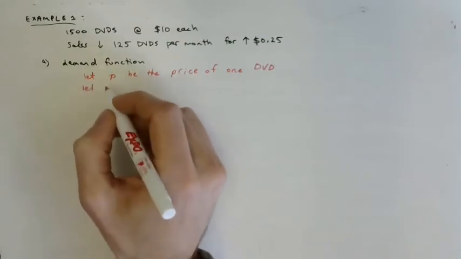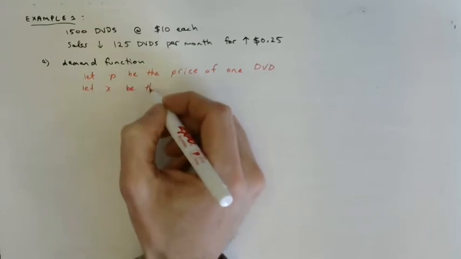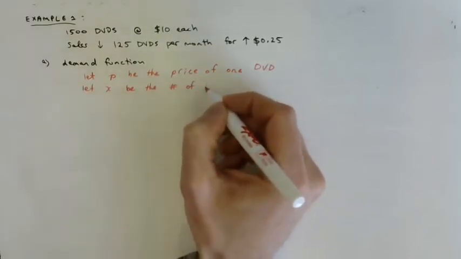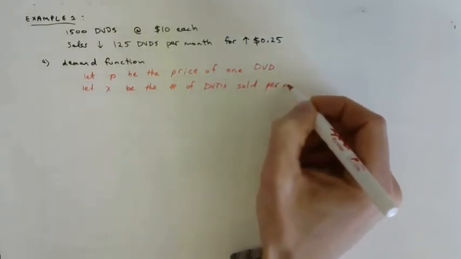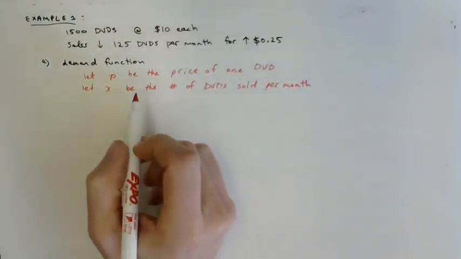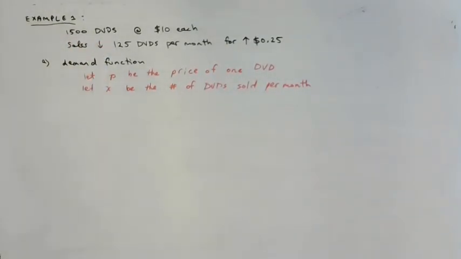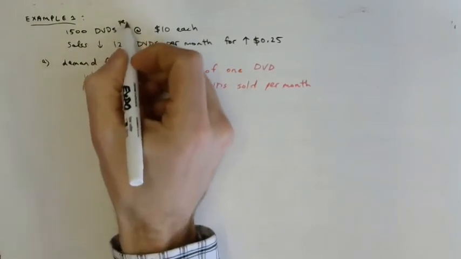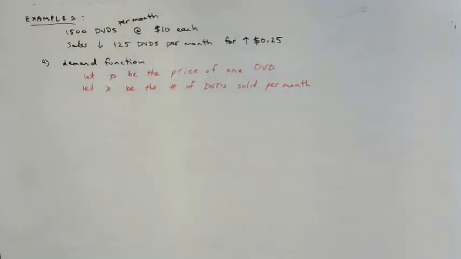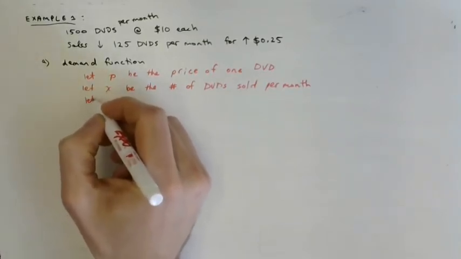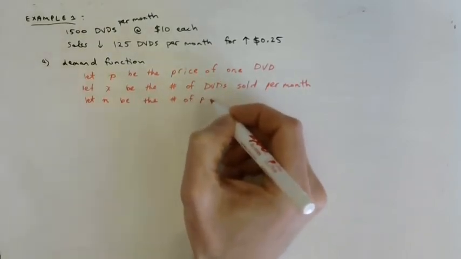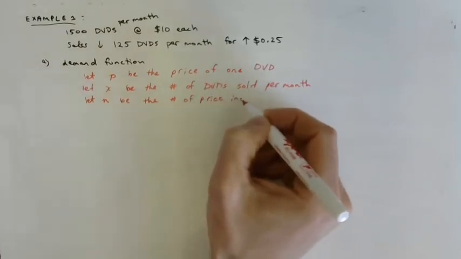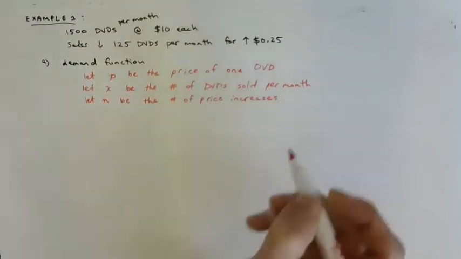We're going to let x be the number of DVDs sold per month. So this 1,500 DVDs is per month. And we're going to let n be the number of price increases, the number of 25-cent price increases.